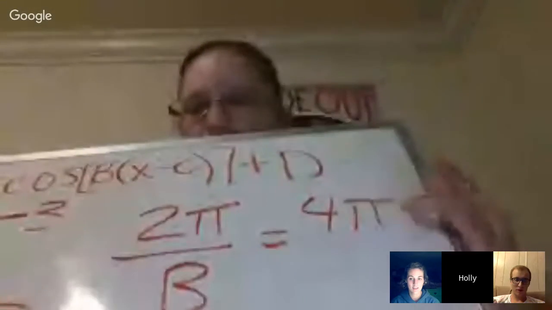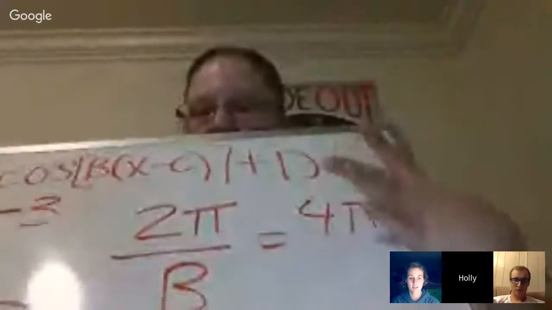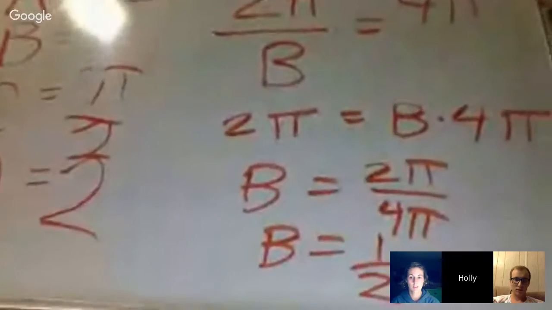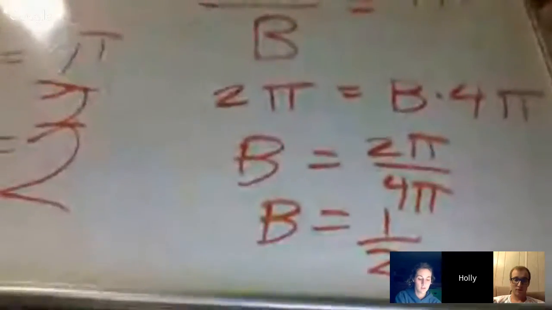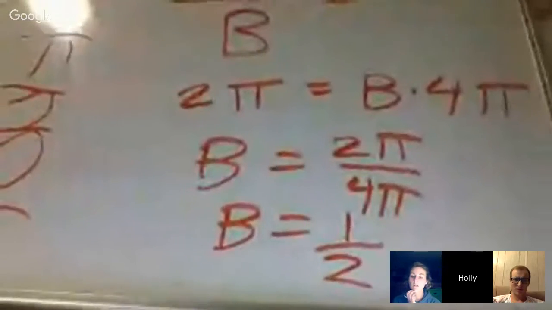I'm writing it down. So we figured out that it's 4 pi, right? We know that you get the period by doing 2 pi/b. So then you just figure it out by putting 4 pi in for the period.